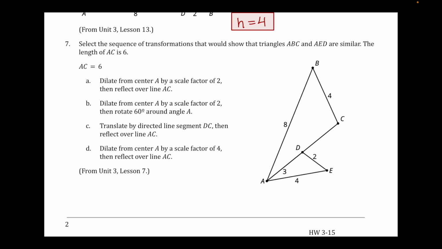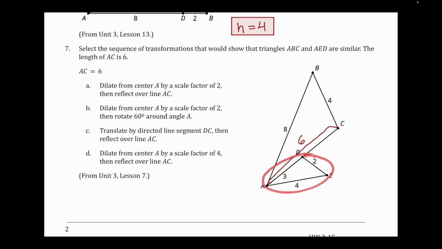Select the sequence of transformations that would show triangles ABC and AED are similar. And then they gave us the length of AC is 6. So this whole thing right here is 6. It looks to me like the scale factor is going to be 2, or 1/2 if we're going the other direction.